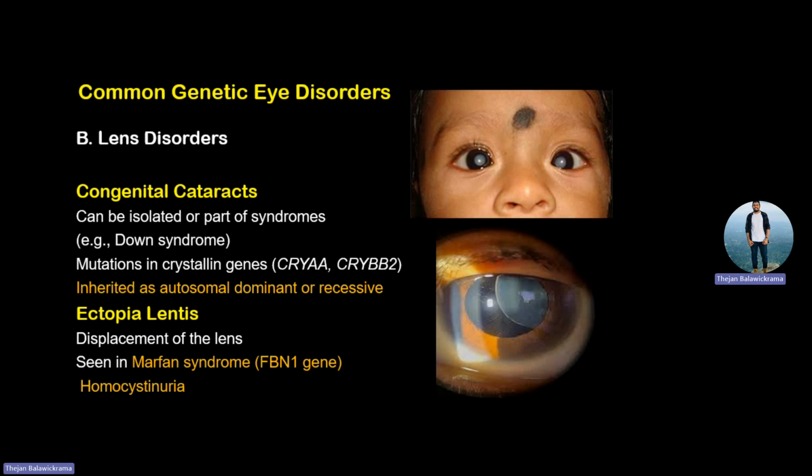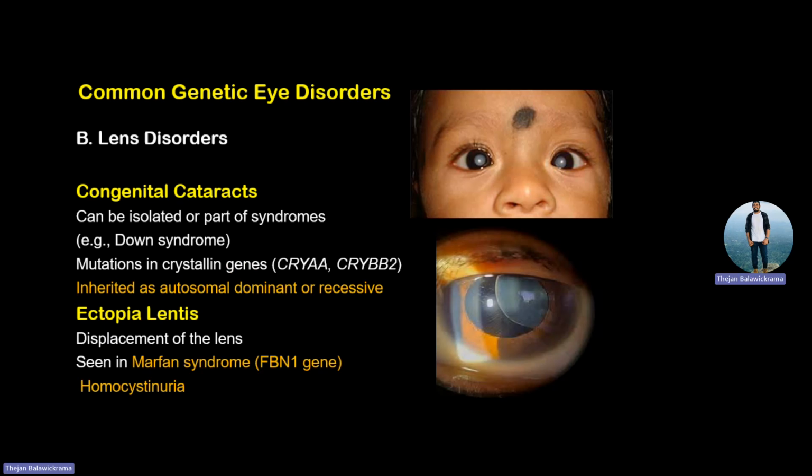That occurs in a syndrome called Marfan syndrome, which is very common. And there is another condition called homocystinuria, which can give rise to this as well. Marfan is a syndrome where the patients are tall, the hands are long, the arch of their palate is high, and they have long fingers. And when you look at the lens, it is displaced.